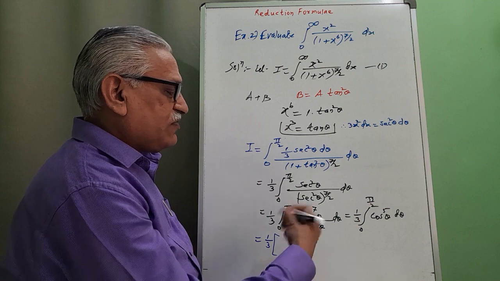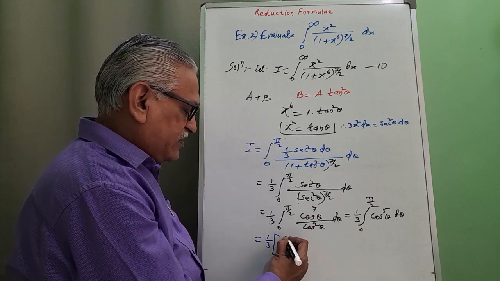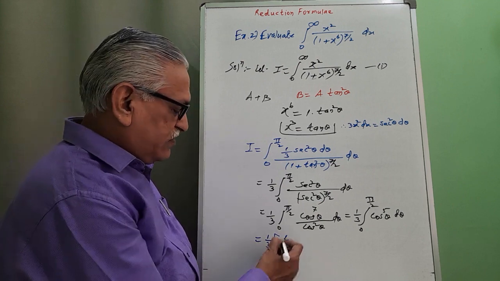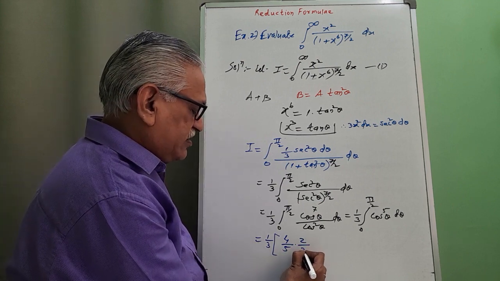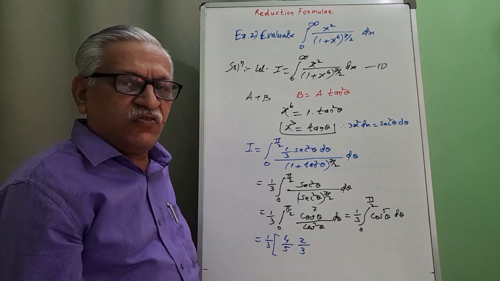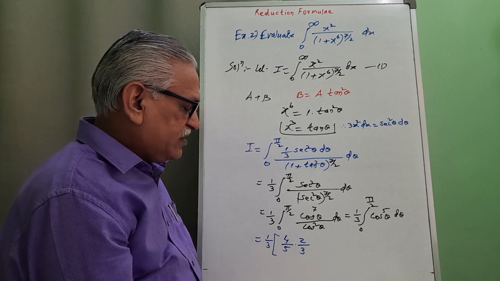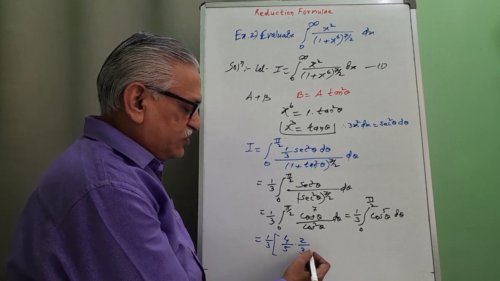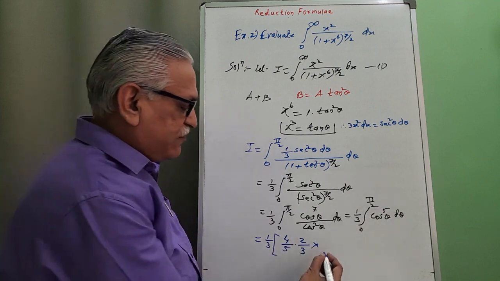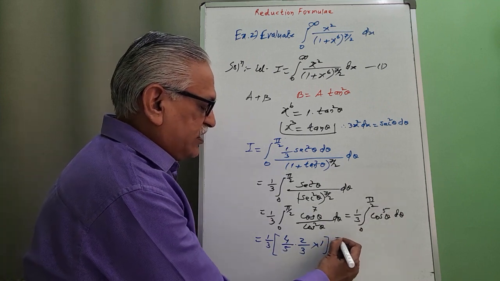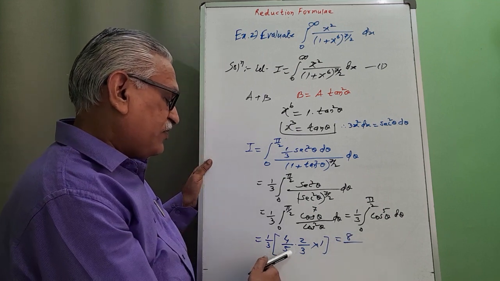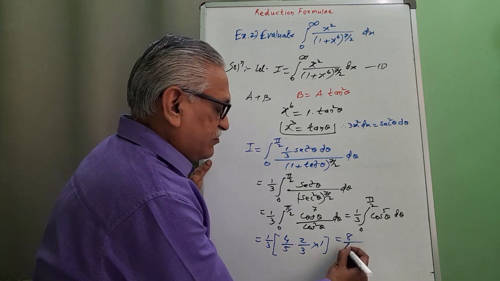N minus 1 or m minus 1, 5 minus 1, we get 4 divided by 5. Decreasing by 2, we get 2 divided by 3. Last term is either 2 by 3 or 1 by 2. Here we are getting last term as 2 by 3. We stop here. Into k, here power is odd and therefore we consider the value of k as 1. And then simplifying it, 8, 5 3 is 15, 15 3 is 45.